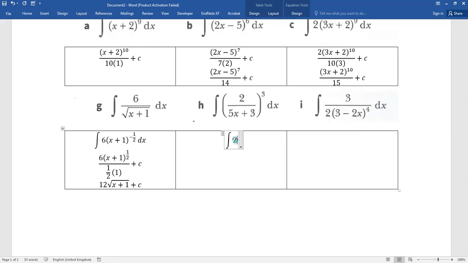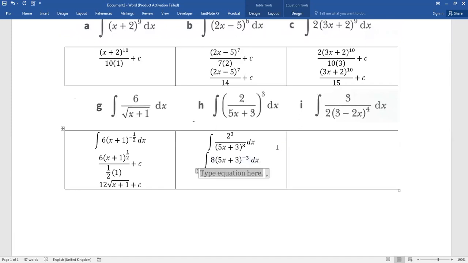And what about this one? First, I'll write 2 cube upon 5x plus 3 cube dx. So this is 8 into 5x plus 3 to the power negative 3.